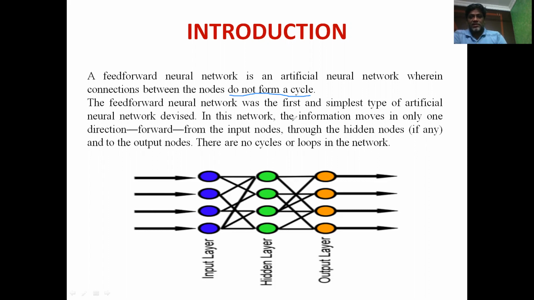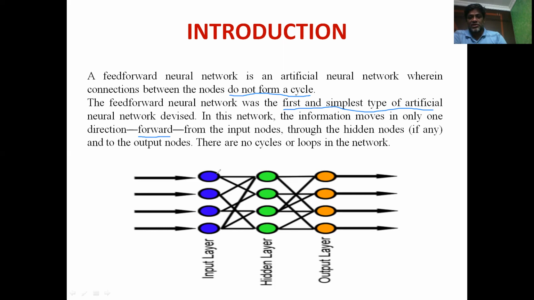The second thing you need to remember is that the perceptron network is the simplest one among all the neural networks, containing a single neuron. Among networks with multiple neurons, this is the first and simplest type of artificial neural network, where the information moves only in one direction. What is the direction? The forward direction.